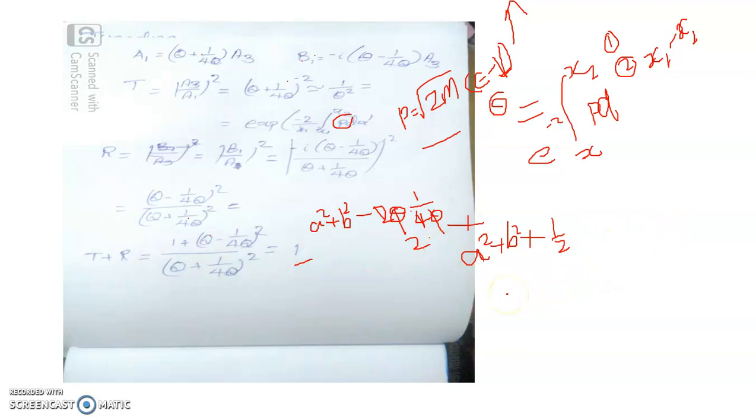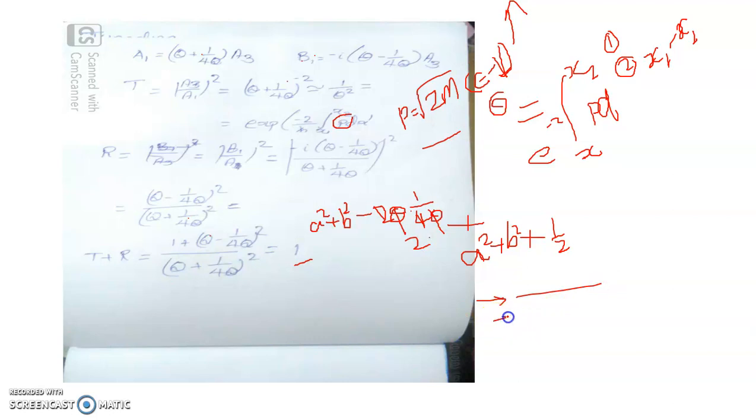From the examination point of view, this module, or this portion of the module, is very important. You can surely have 3 questions from this module, from WKB approximation, and one of these will be a short answer. Most likely the short answer is the criteria for the validity of WKB approximation.